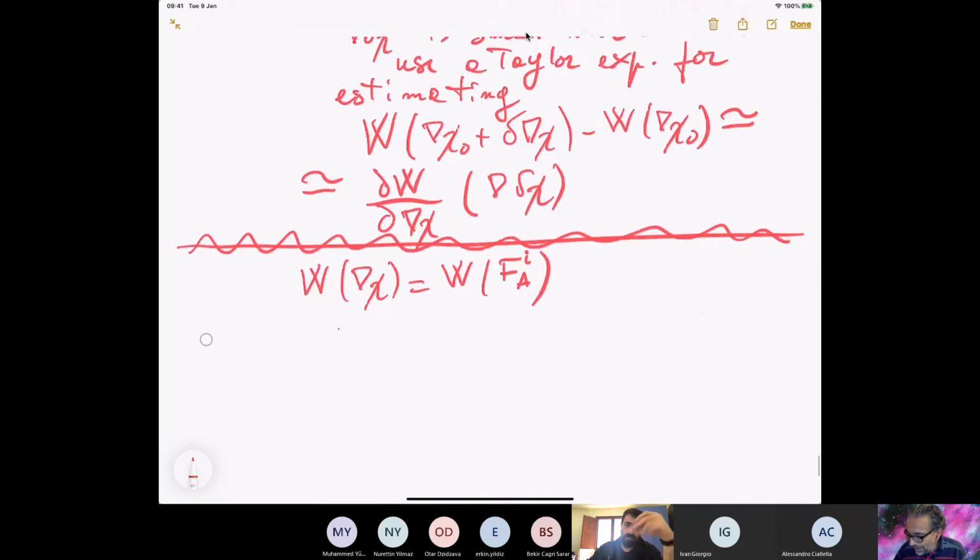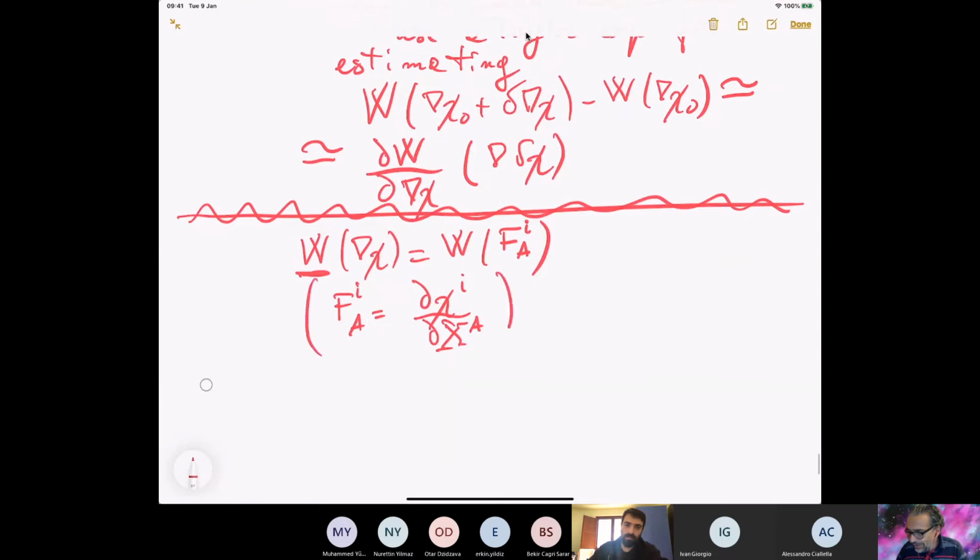Okay, you remember F_iA is the partial derivative of the ith component of psi with respect to the Ath independent variable. So telling that W, the deformation energy, depends on F is equivalent to state that W depends on these real independent variables.